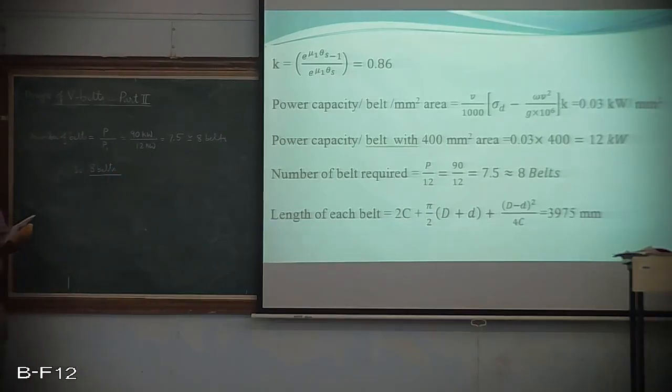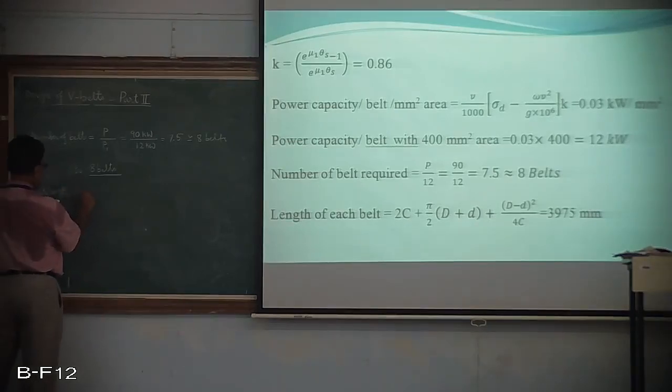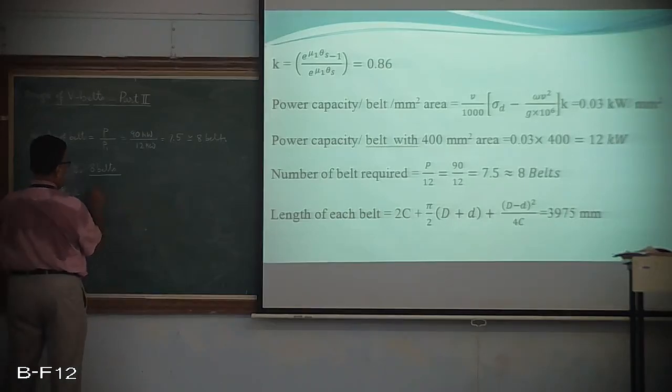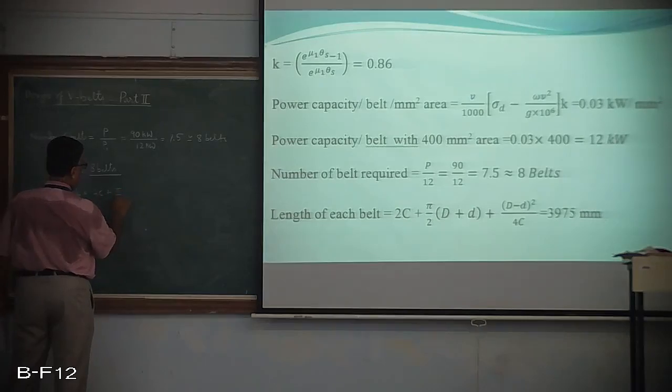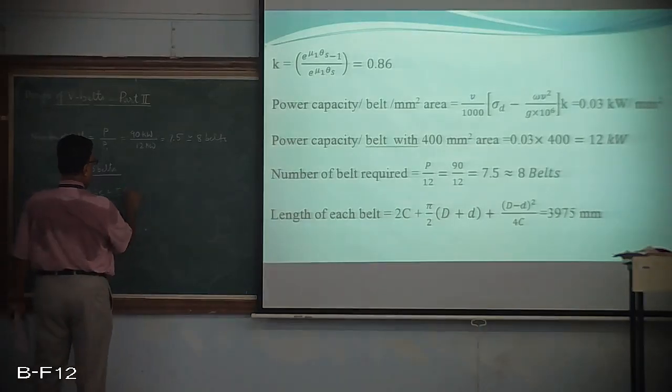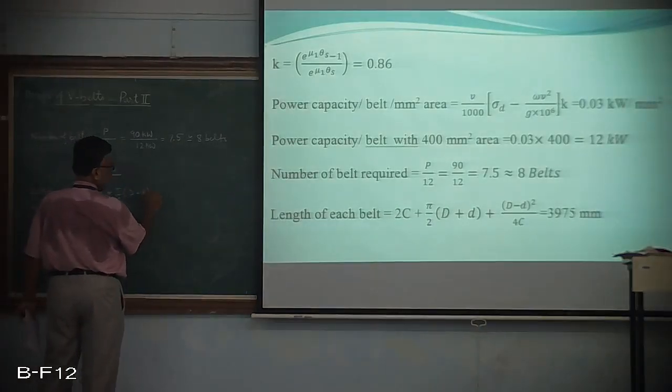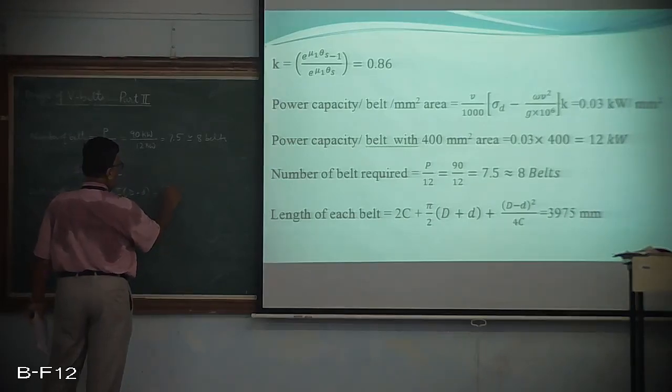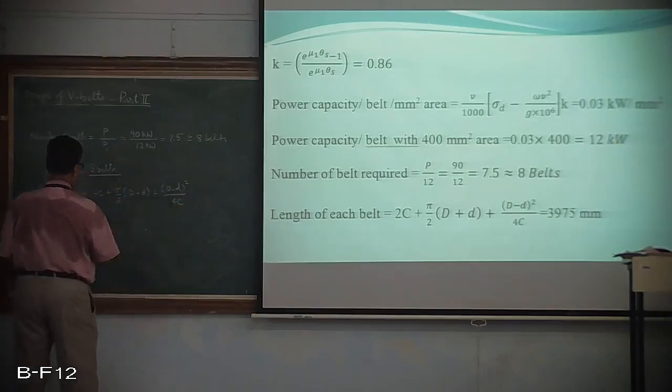And lastly, he has asked you to find out the belt length. L is 2C plus pi by 2 into (D plus d) plus (D minus d) whole square upon 4C.